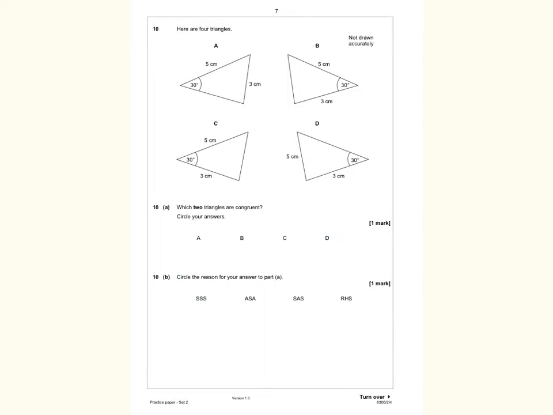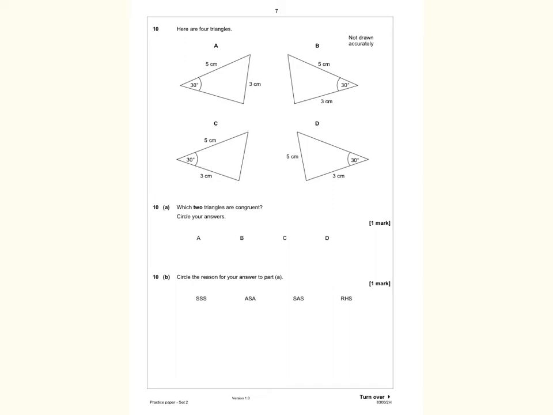Okay, so question 10 is, here are 4 triangles. And the question is, which 2 triangles are congruent? Circle your answers. So we've got the 30 degrees in each triangle, and we've got the 5 centimeters and 3 centimeters. Now we need to look at where the 5 centimeters and 3 centimeters are relative to the 30 degrees.